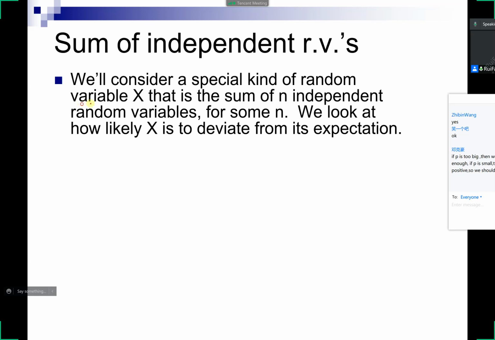So suppose you have a random variable x, which is a sum of n independent random variables, for some n. It's important that all of these random variables are independent from each other. Then the Chernoff bound tells you how likely x is to deviate from its expectation.